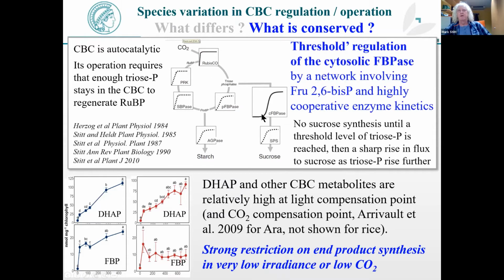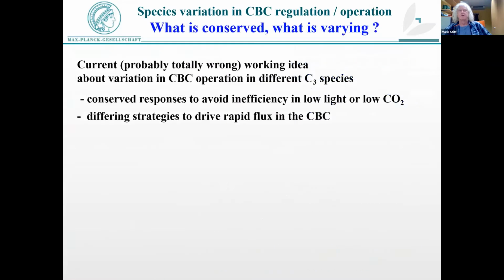How does this happen? There's a threshold regulation of sucrose synthesis, also other end product synthesis. This network involves fructose 2,6-bisphosphate and a few other things, and it plays on highly cooperative enzyme kinetics so that no sucrose synthesis occurs until you hit a threshold level of triose phosphate. Then it rises sharply. And so we think this is a very general feature across all species.